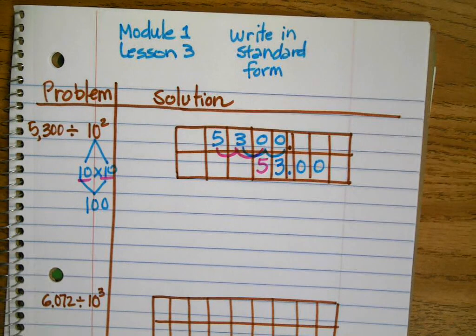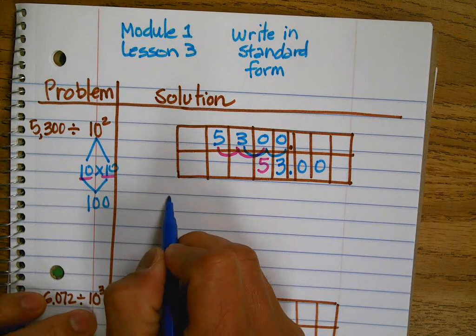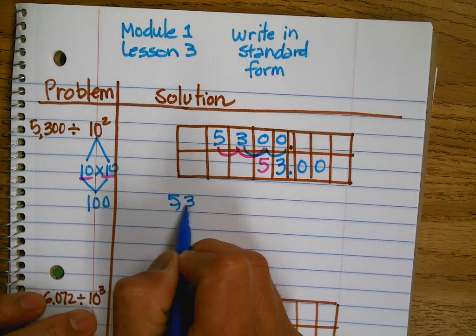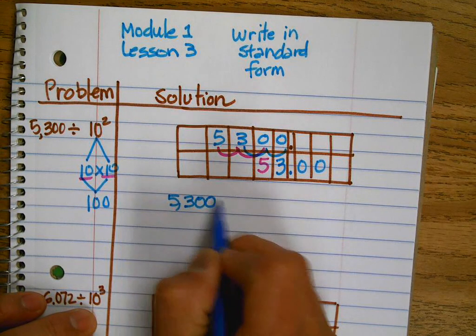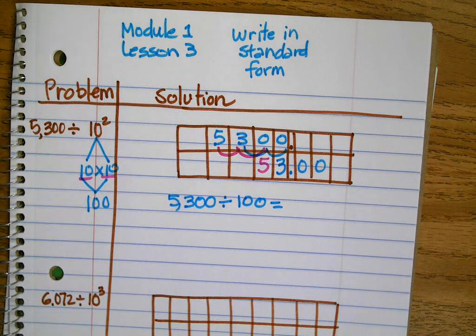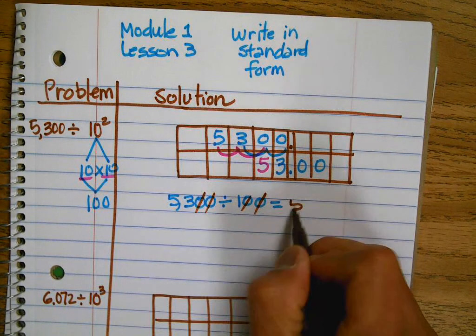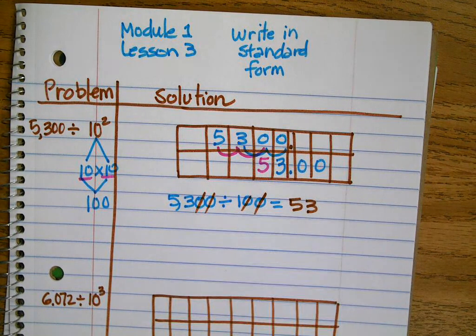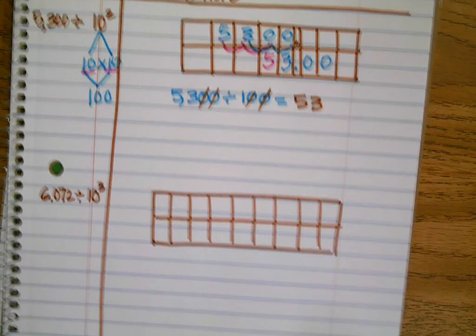Now, this number can easily be written like this and solved this way: 5,300 divided by 100. In this case, my friend, it's easy to see that if you divide this, you are eliminating the zeros, so your answer is 53.